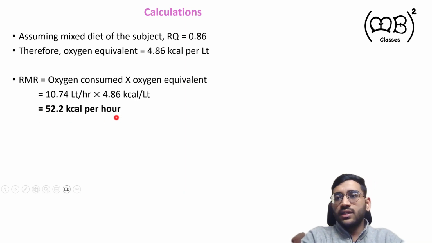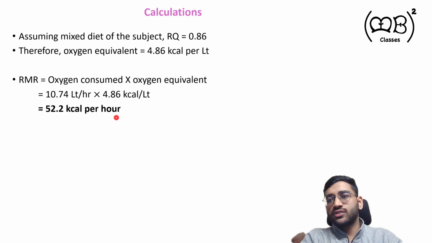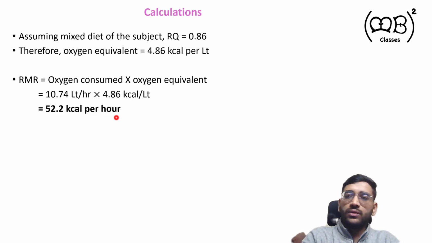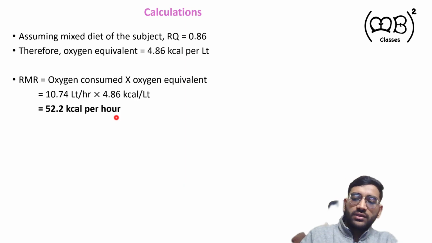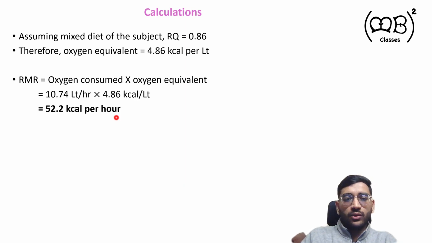We can either compare this value with the reference or standards, or we can go into per meter square standards. We can divide this RMR of 52.2 with the body surface area and get the RMR in kilocalories per meter square per hour and then compare.